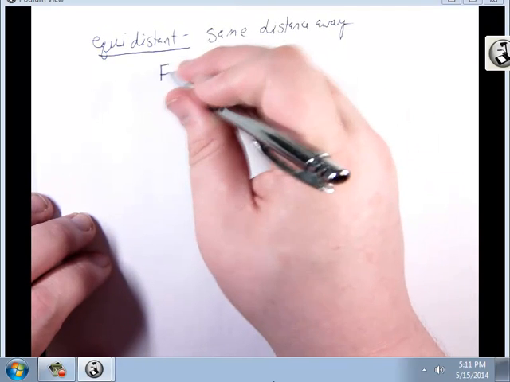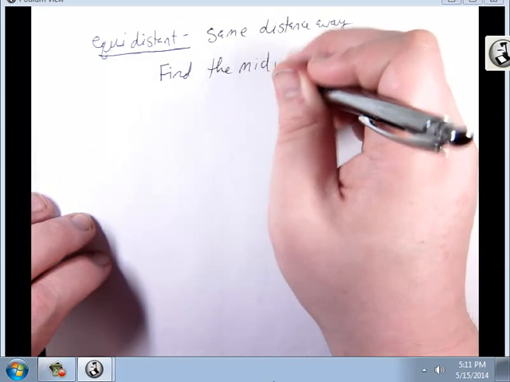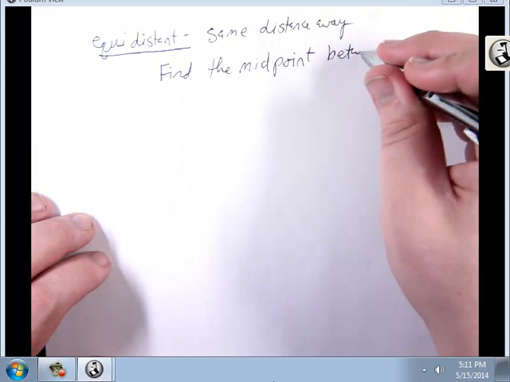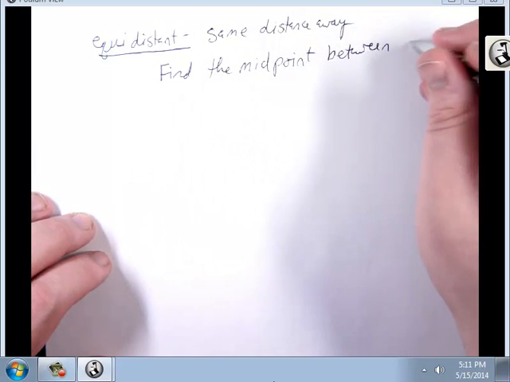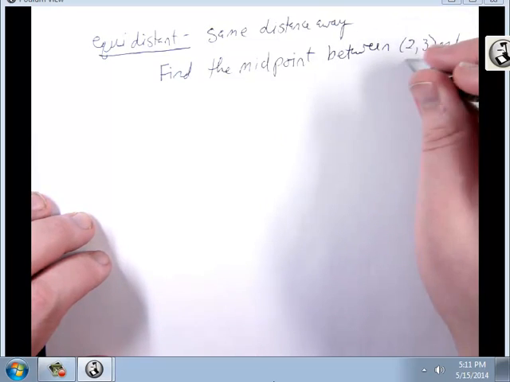So let's just say find the midpoint between (2, 3) and (7, 4).